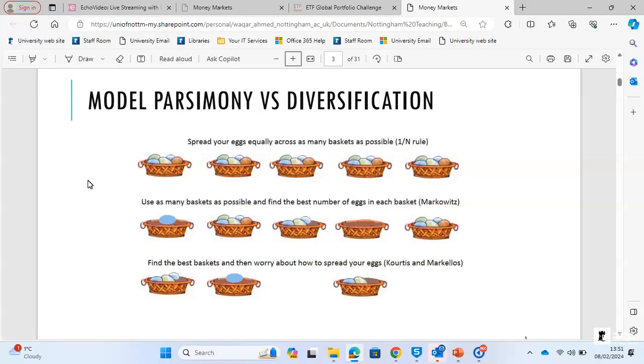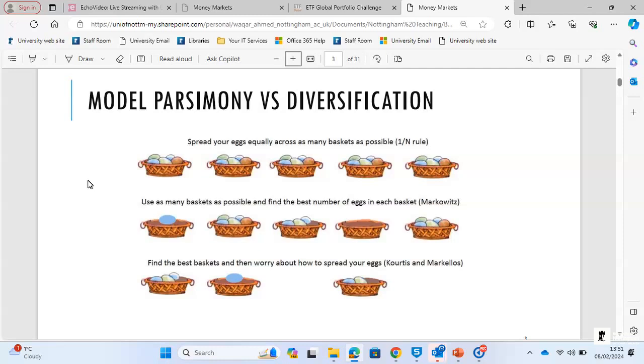If you drop the basket, then you break all of your eggs.